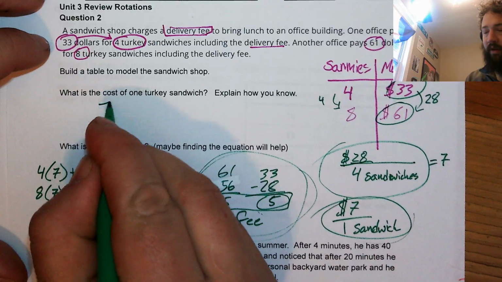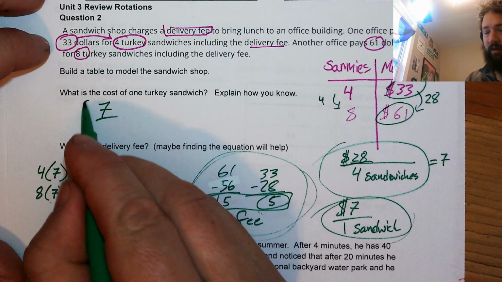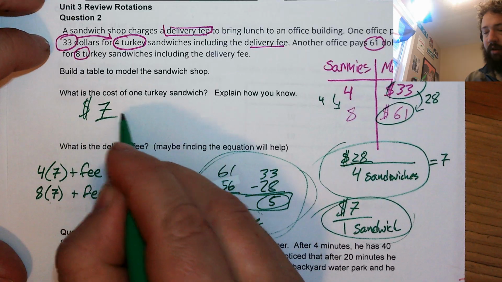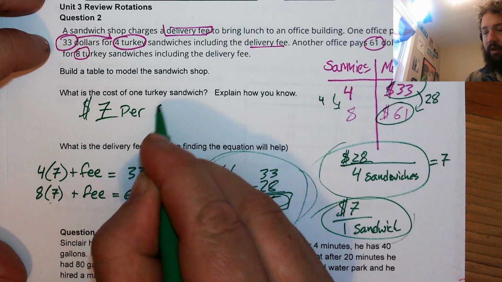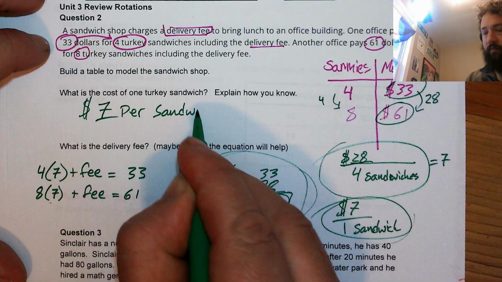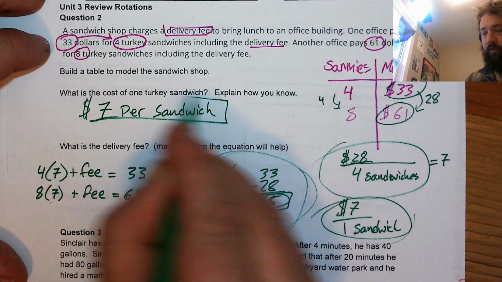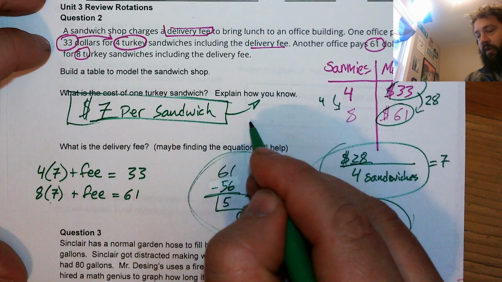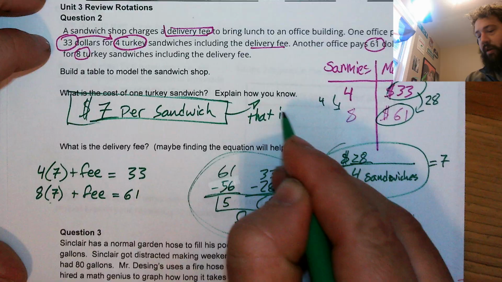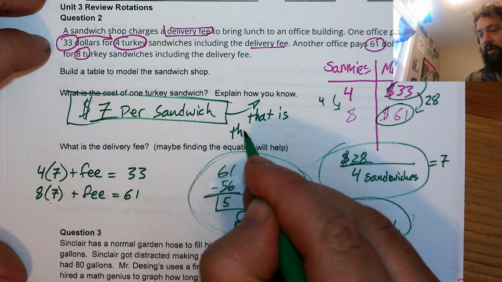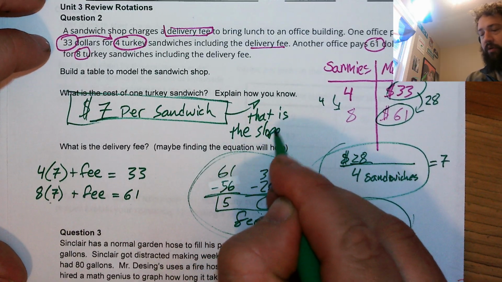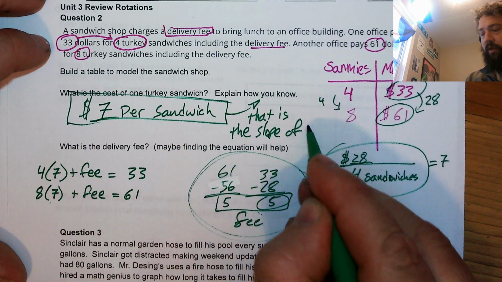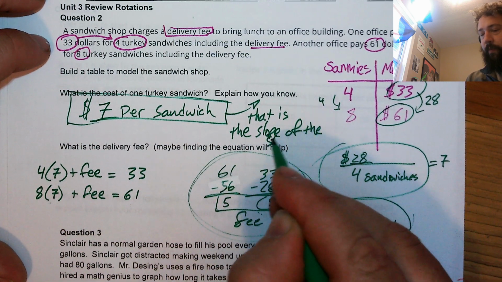So I would have $7, and I'm going to write it out per sandwich. So $7 per sandwich. How do I know? That is the slope of the story.